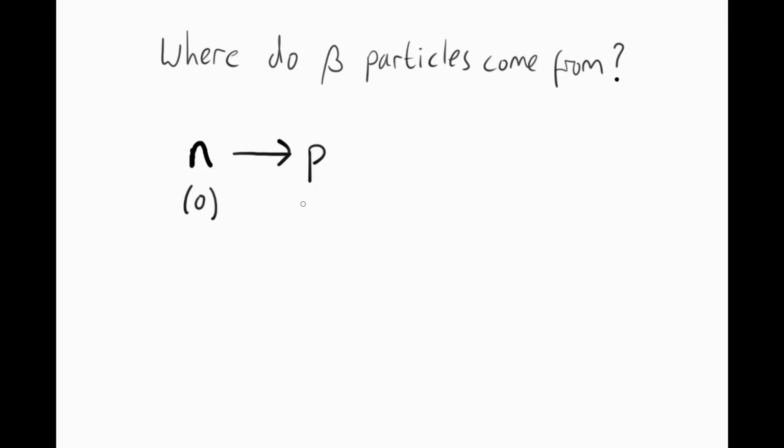It changes into a proton which carries a positive charge. Now this can't happen by itself in physics. We cannot go from 0 charge to positive charge. So an electron is released or produced at the same time, which cancels out the charge. So a neutron turns into a proton and an electron. The proton stays inside the nucleus, the electron gets emitted, and we now call that electron a beta particle.